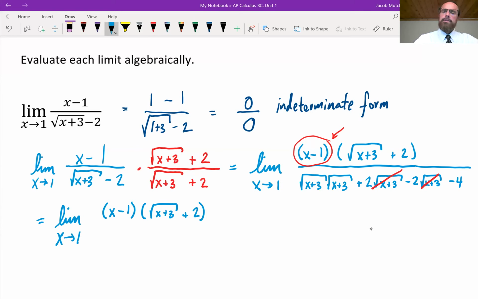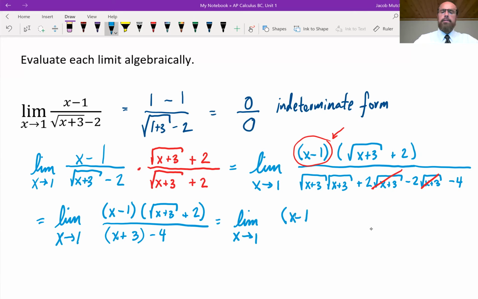And then this first product, square root of x plus 3 times itself, is just going to be x plus 3. And then the only other piece is this minus 4. So if I simplify that one more step, that becomes limit as x approaches 1 of x minus 1.